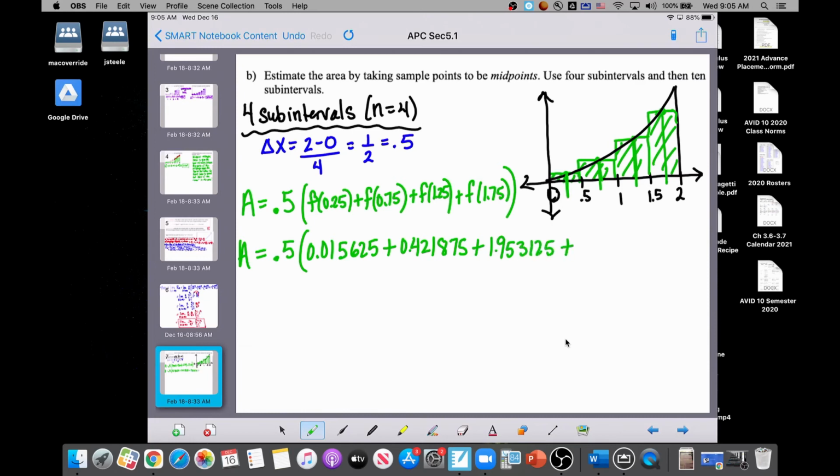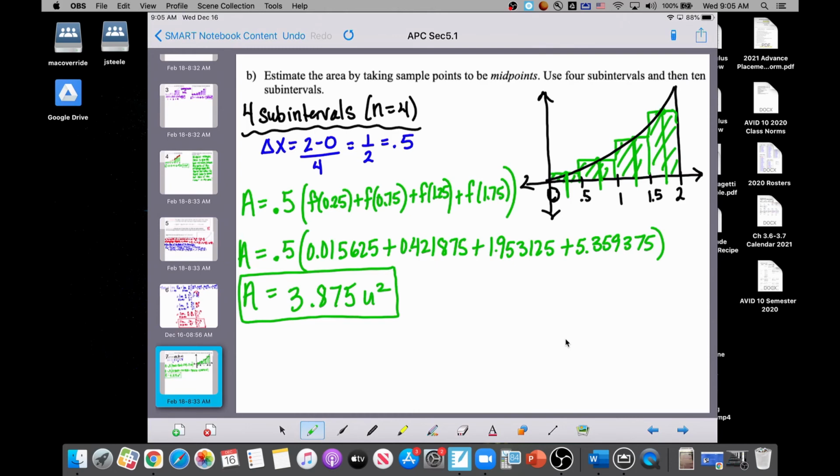And my fourth height, f of 1.75, is 5.359375. So you add those together, you multiply by 0.5, and make sure that you are reporting your answer to 3 places past the decimal, because that's the expectation of AP. And so we get area is 3.875 units squared.